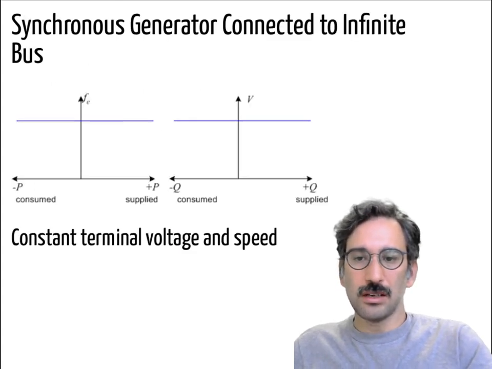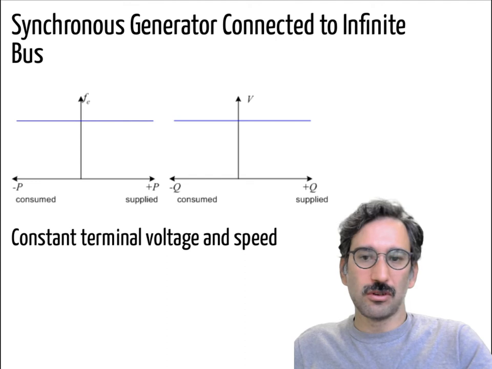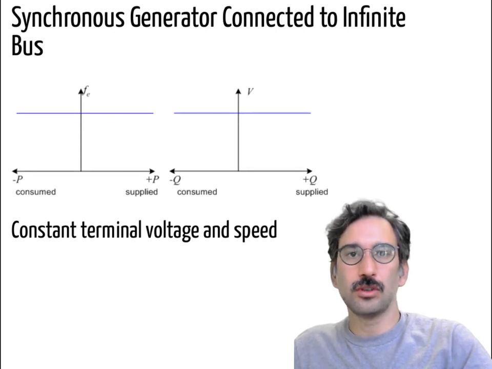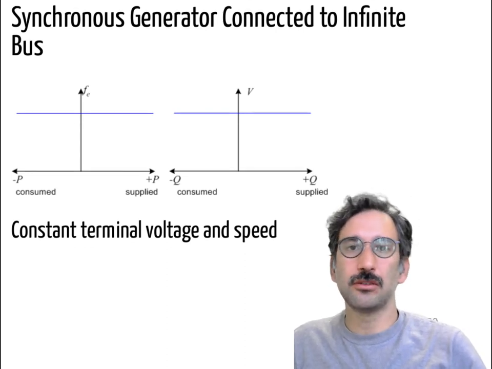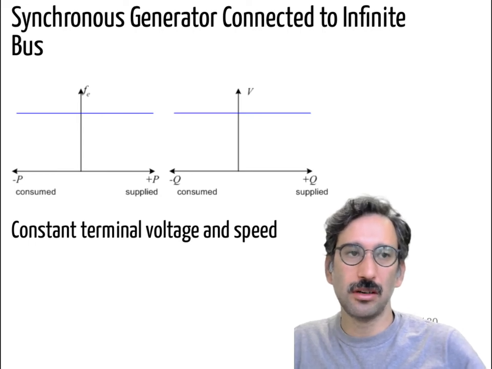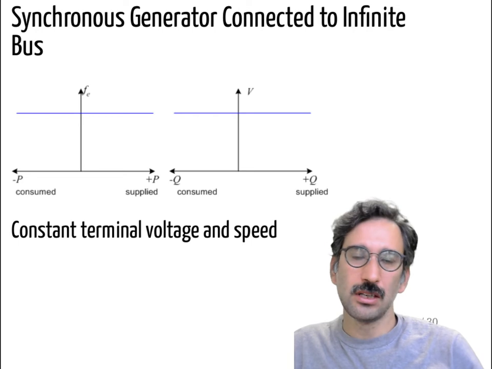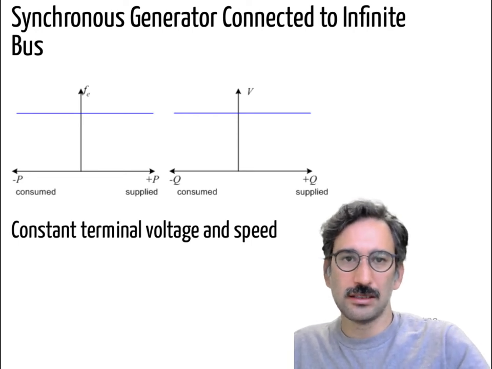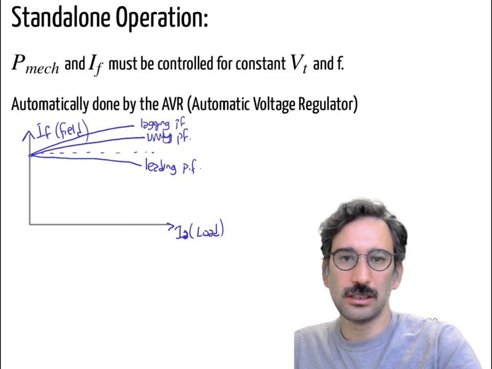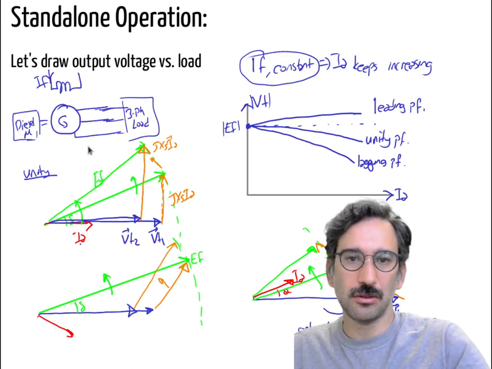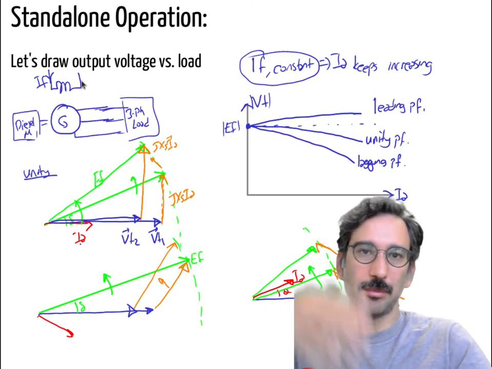Okay, so now let's look at the case for the synchronous generator. In a synchronous generator connected to an infinite bus, that means our grid case is slightly different. Why? Because in the previous case there was nothing controlling the magnitude of VT, the terminal voltage, so it was going up and down.